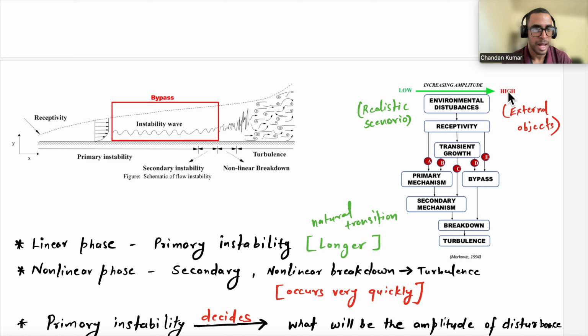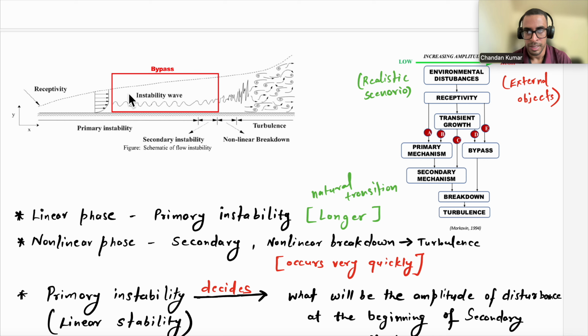But when we have high amplitude disturbances, such as if the body is flying at a certain altitude and some external objects enter into the flow, in those scenarios we can see that from the receptivity process it skips all these instability mechanisms, which are primary and secondary, and it directly bypasses those mechanisms, and then it goes to breakdown and then turbulence.